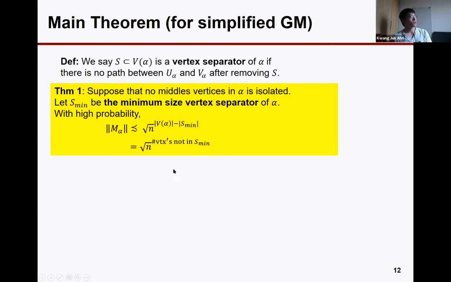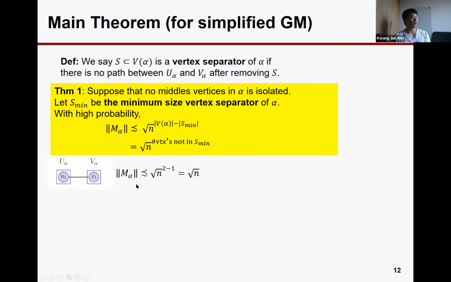Okay. So for example, for this shape that we covered before, the norm bound will be square root n, since the vertex separator will be either u1 or v1, so the size will be just 1. So the norm bound will be square root n, which recovers the known results. For those who are not familiar with random matrix theory, this is a very traditional result where the Wigner model has the norm upper bounded by square root n.